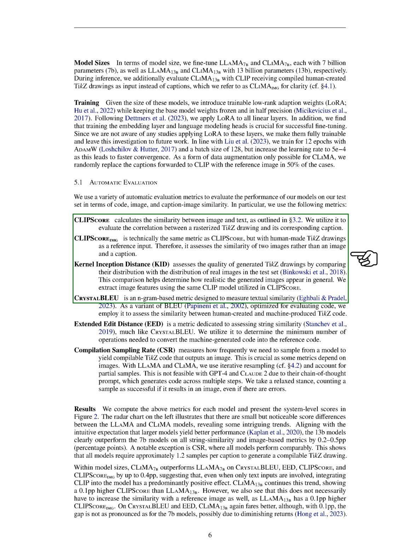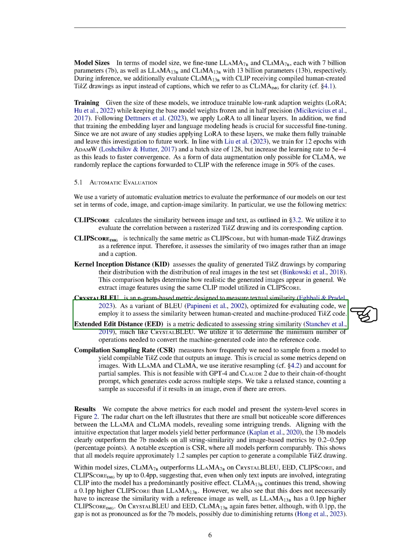3. The kernel inception distance metric was used to evaluate the quality of the drawings generated by our models. It does this by comparing the distribution of the generated drawings with the distribution of real images in the test set. This helps us understand how realistic the generated images look. 4. We used an n-gram-based metric to measure textual similarity. This was particularly useful for evaluating code, as it allowed us to compare human-written code with code produced by our models. 5.